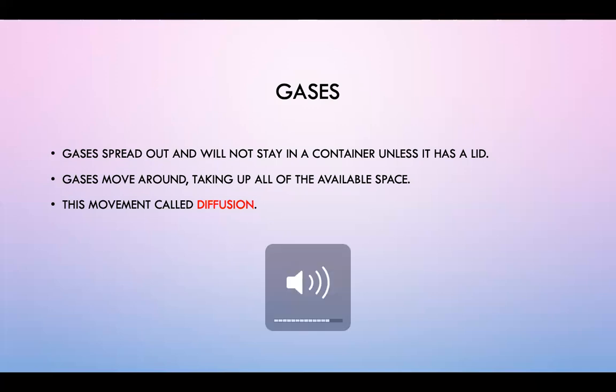But here, see what's happening in air or gas. It's moving out. You have to seal it. It's moving around and taking up all the available space. Let's say you put gas into a large room. It takes the entire space of the room. If you put the same gas into another container like a balloon, it will take the space of the balloon.